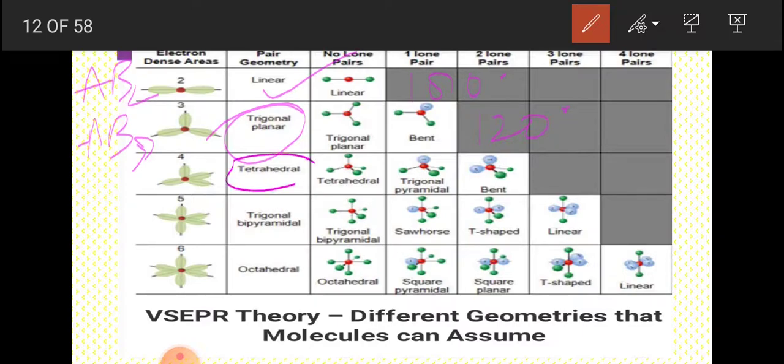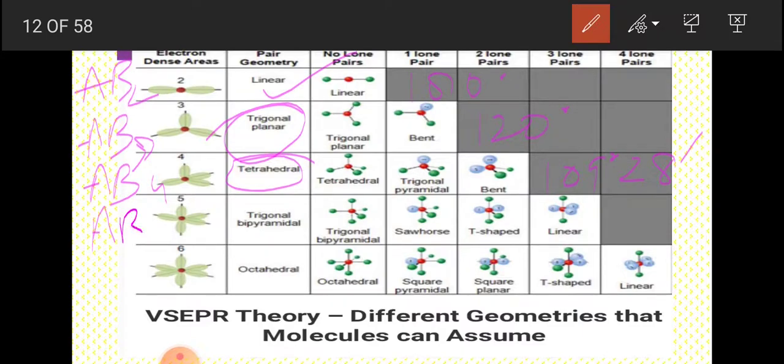For tetrahedral AB4, it will give the bond angle of 109 degrees 28 minutes. In this only, if we get trigonal pyramidal, meaning the shape of ammonia, the angle will reduce. If we get a bent structure, meaning that of water, the angle will be reduced.